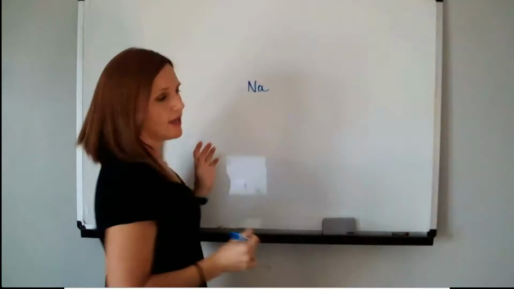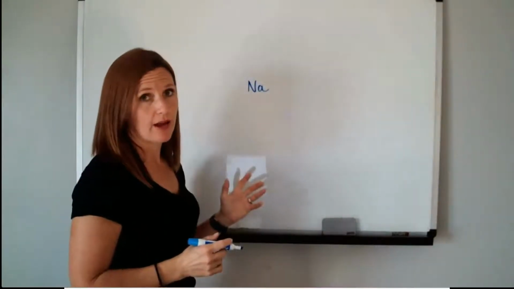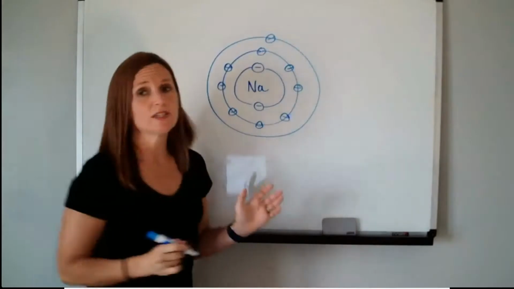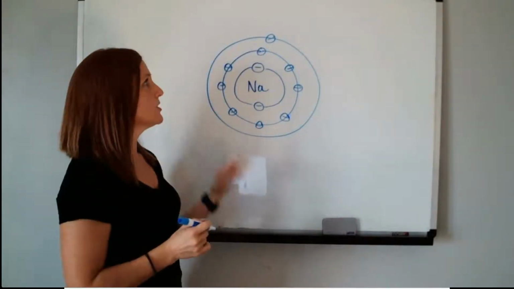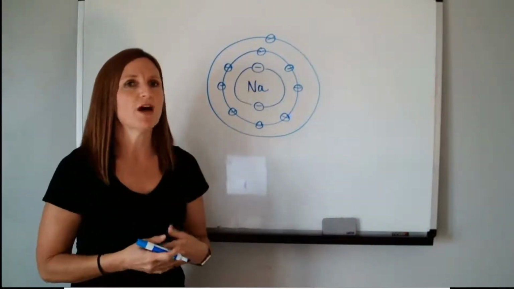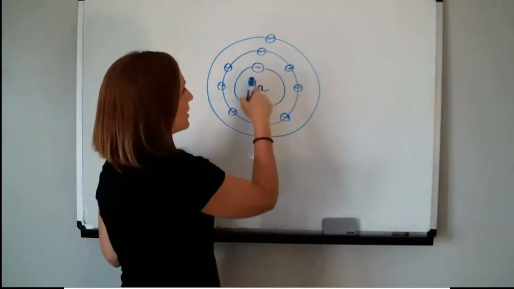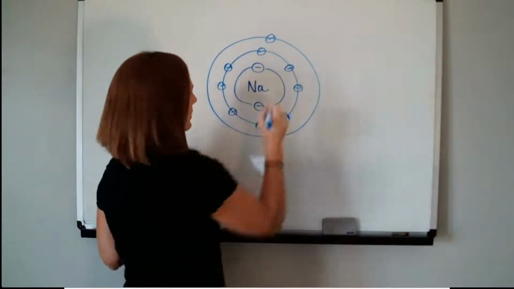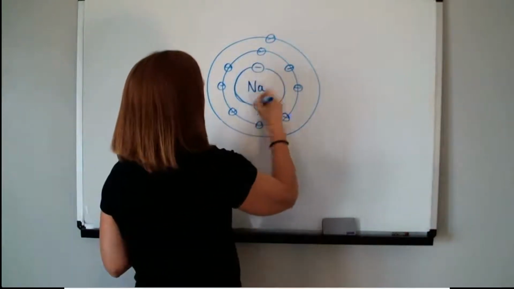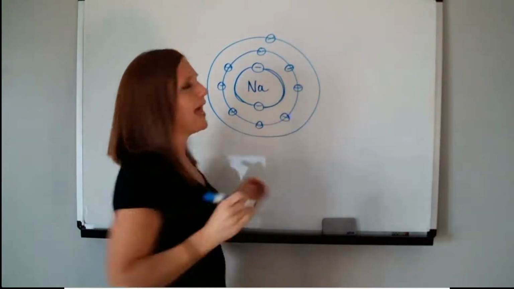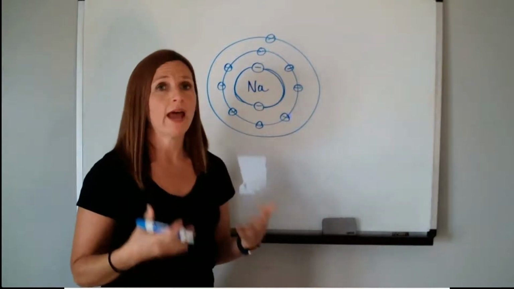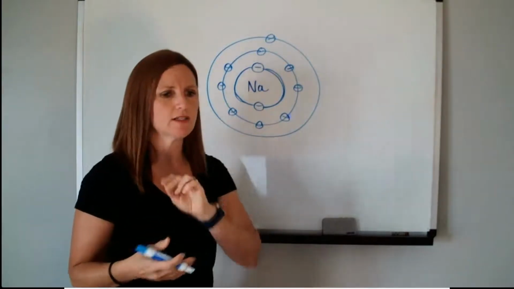So when we look at the drawing of an atom, if we're going to look at sodium, this is what we'll find. So this is a standard model for what sodium looks like. The rule of thumb when drawing an atom is that our innermost shell has 2 electrons here. That's n equals 1, or that 1s orbital, it can only have 2 electrons.